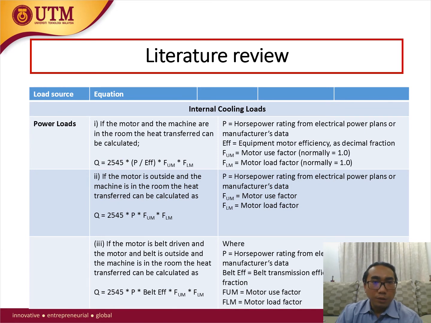For the power loads, industrial and commercial appliances use various equipment such as fans, pumps, machine tools, elevators, escalators, and other machinery which add significantly to the heat gain. There are 5 equations in use for different scenarios.